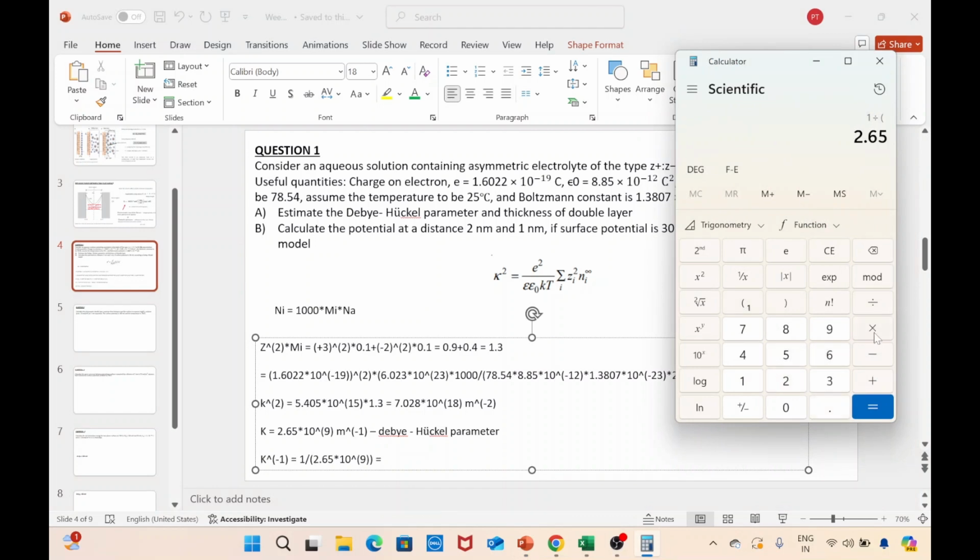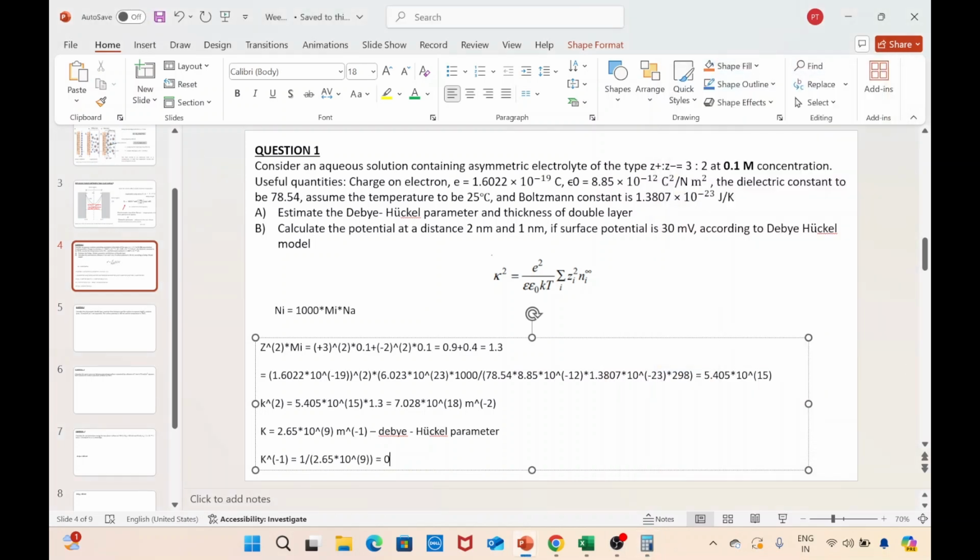Anybody? 3.77 times 10 to the power minus 10, or you can simply say 0.37 nanometers.